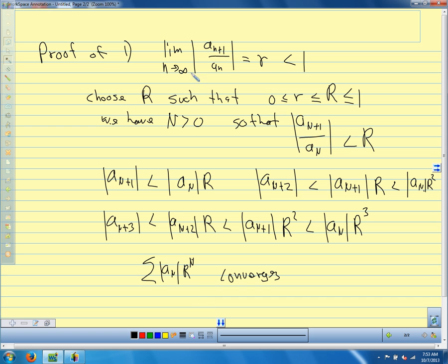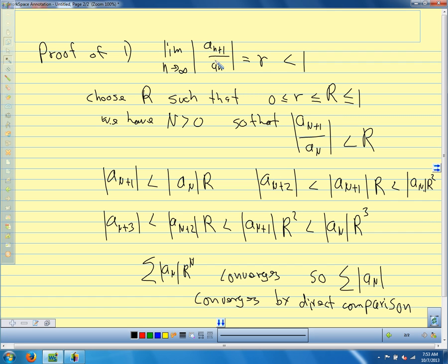So our original series is going to converge by direct comparison. We can think of this ratio as our ratio for a geometric series, and if that's less than 1, that guarantees that our series converges.